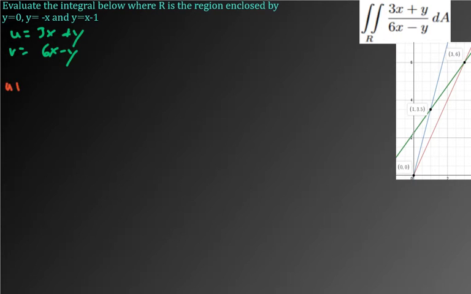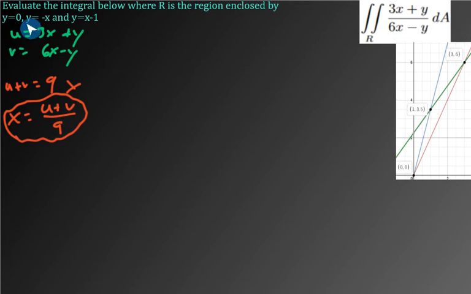So u plus v, right, is going to equal 9x. So x is equal to (u plus v) over 9. So that's going to be useful for us. To eliminate x, we would just want to multiply this by 2, and then we would want to subtract, right? So 2u, which equals 6x plus 2y.